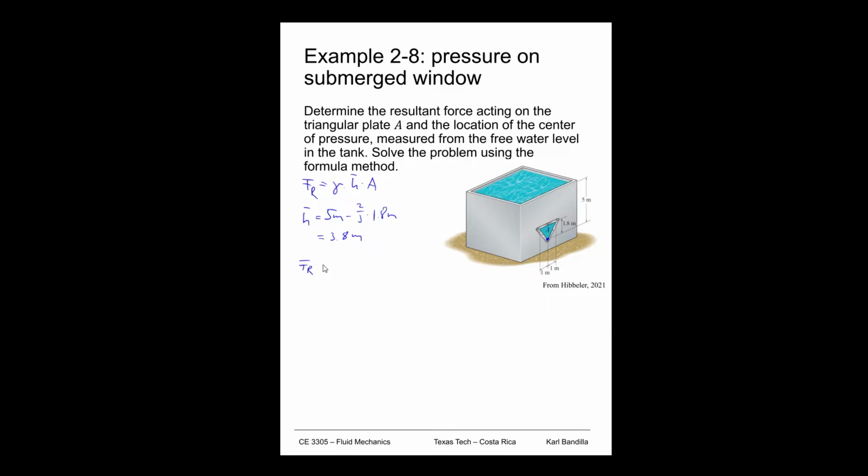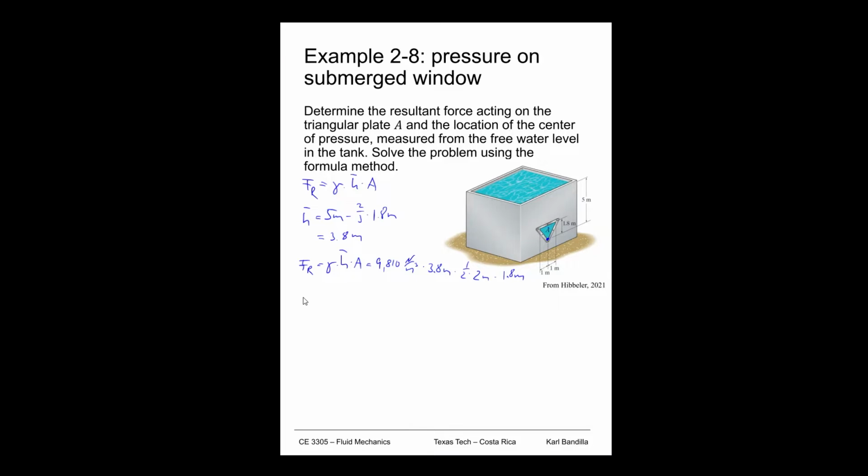With that, we can plug that into our formula. F_R is equal to gamma times h bar times A. Gamma is 9,810 newtons per cubic meter for water, times 3.8 meters, and then our area is 1/2 times the base, which is 1 + 1, 2 meters, and the height is 1.8 meters.